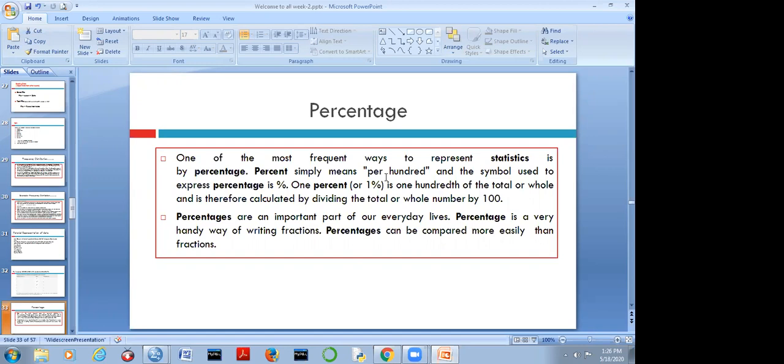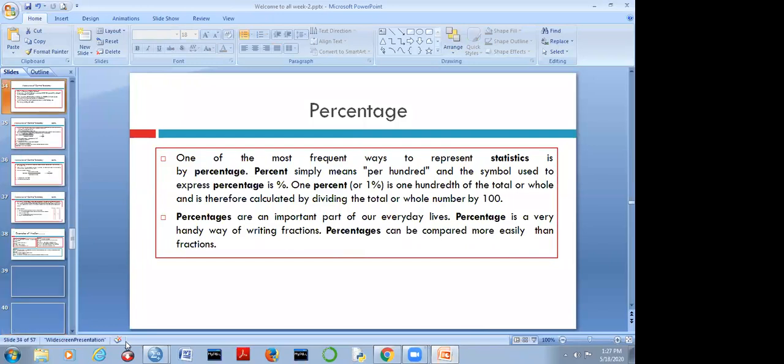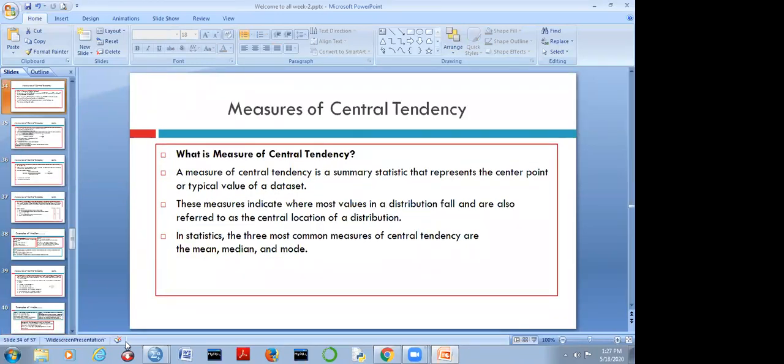Percent simply means per 100 and a symbol used to express it, percent sign जो है ना उसको यूज करते हैं परसेंटेज के लिए। The percentage or 1% is 100 of the total or whole and is therefore calculated by dividing the total and whole numbers. ठीक है, परसेंटेज तो दिखाना नहीं है, उसी के साथ निकल गया था आपको, है ना? Isn't it? Yes, ma'am.